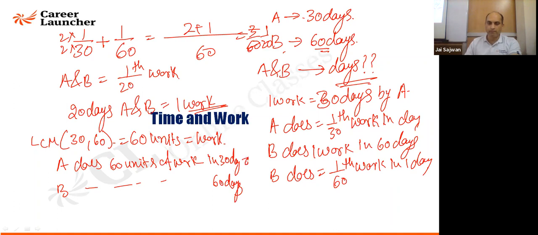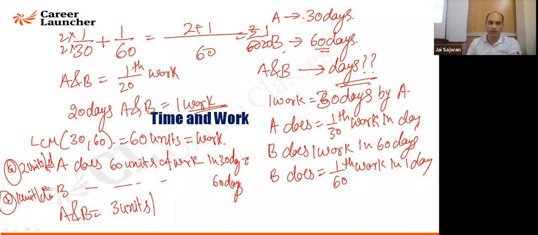So can I say the rate at which A is going to work is 60/30, which is 2 units per day. The rate at which B is going to work is 60 units in 60 days, so he is working at the rate of 1 unit per day. I hope you understand unit. So when A and B are combined, they are going to do 3 units of work per day.